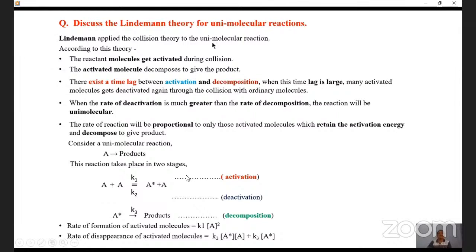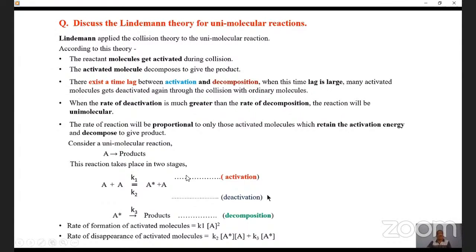This difficulty was solved by the scientist Lindemann, and he applied the collision theory to study the rates of unimolecular reactions. According to Lindemann's theory, the reactant molecules get activated during the collision. The activated molecule decomposes to give the product.